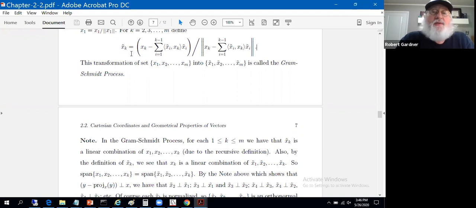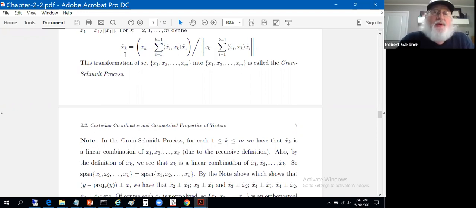So we do get the dependence of x sub k tilde in terms of these x1 through x sub k. It's a little hidden. I explicitly see the x sub k, and the x sub 1 through x sub k minus 1 are contained in these x sub i tildes. So we do get this kind of relationship. It's a little hard to see because we've defined these things recursively.